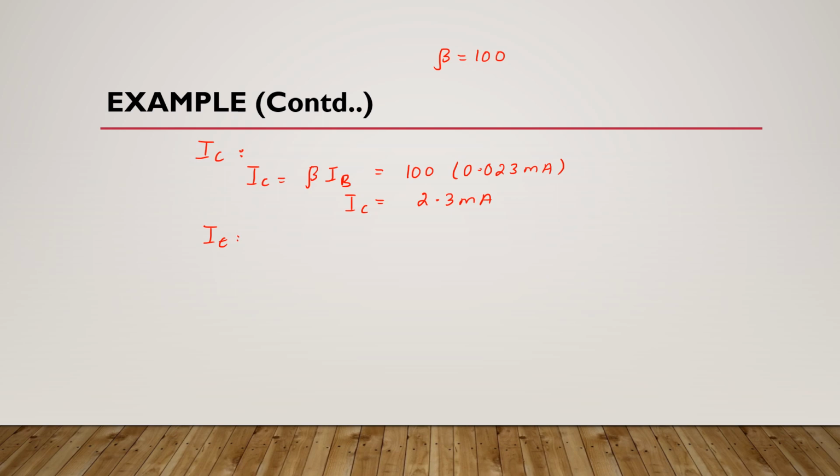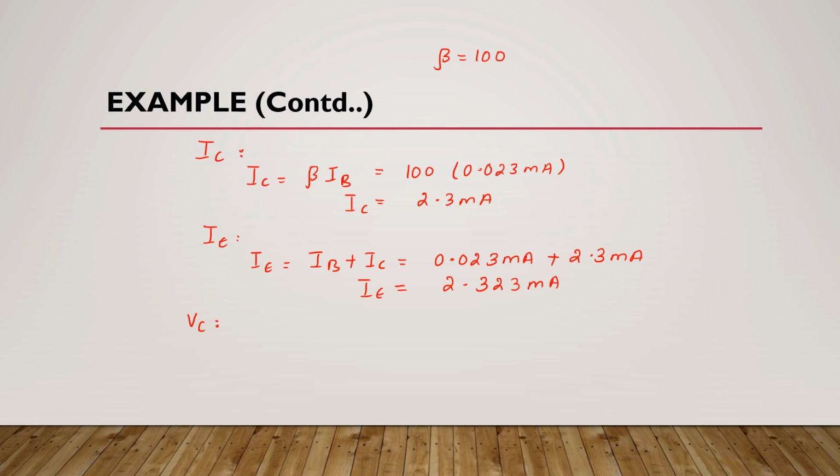We know that IE is equal to IB plus IC. Here IB is 0.023 milliamperes and IC is 2.3 milliamperes. After solving this, you will get IE is equal to 2.323 milliamperes.